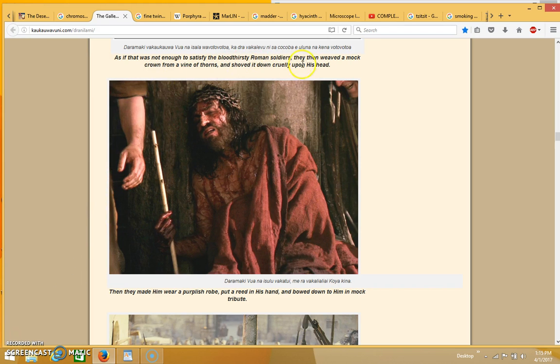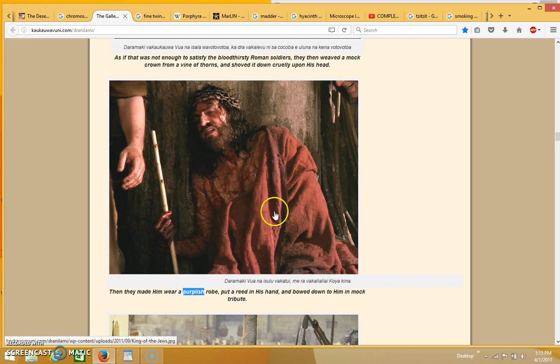Okay, so when the Roman soldiers were mocking Jesus, you see over here they gave him a reed to use as a rod, and they put this robe on him, a purplish robe, and a crown of thorns.